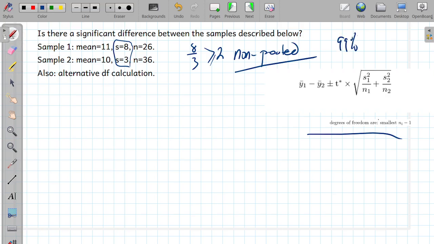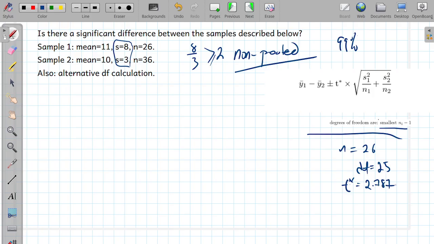99% here. And now, if we use the compact version for getting our critical number, smallest n minus 1, here we have n, the small one, is 26, so degrees of freedom will be 25. And on 25 degrees of freedom, at 99% confidence, we get the critical value of 2.787.